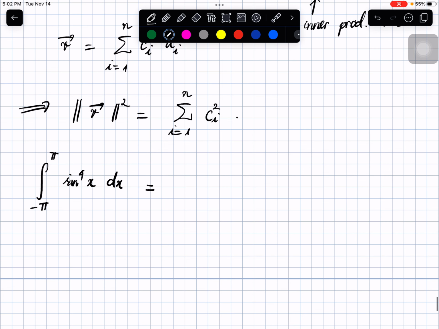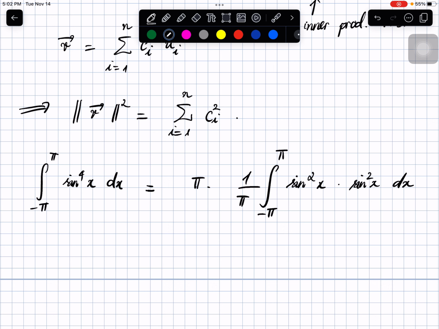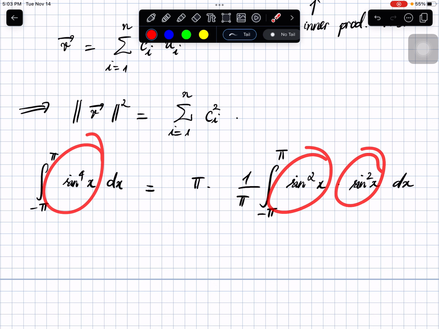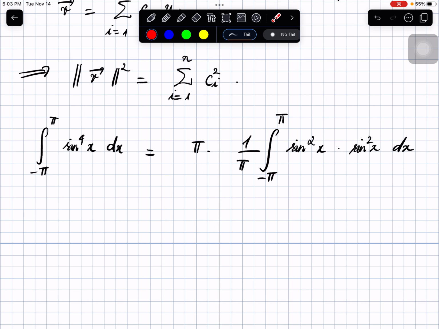This is the same as pi times the inner product, where our inner product is 1 over pi from minus pi to pi, of sine square of x times sine square of x dx. And this is by definition the inner product of sine square of x with itself.